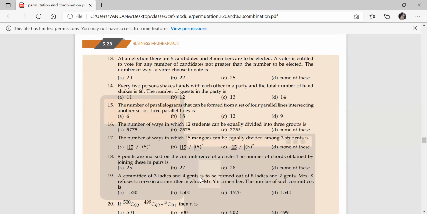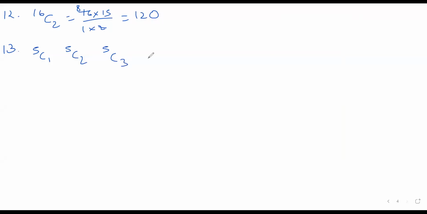A voter is entitled to vote for any number of candidates not greater than the number to be elected. There are 5 candidates, 3 are to be elected, and a voter can give any number of votes, but not more than the number to be elected, meaning not more than 3 votes. So a voter can vote for 1, 2 or 3 candidates, not more. 5C1 is 5, 5C2 is 10, 5C3 is 10, your answer is 25. C.